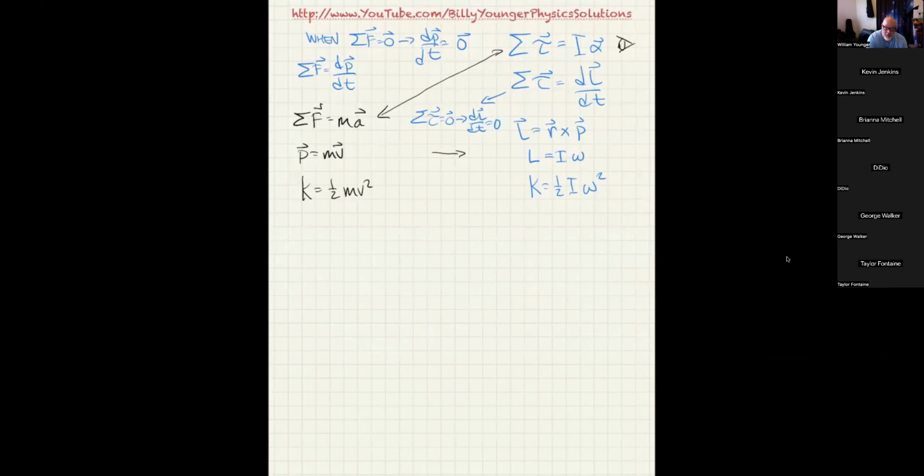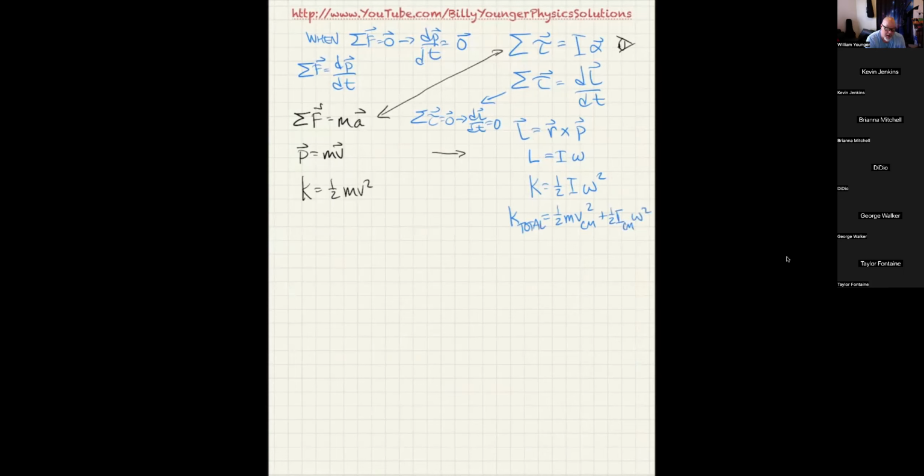So it turns out that when an object is, say, rolling down an incline, the total kinetic energy would be equal to 1/2 the mass times the velocity of the center of mass squared plus 1/2 the moment of inertia about the center of mass times omega squared. So that's the total kinetic energy.